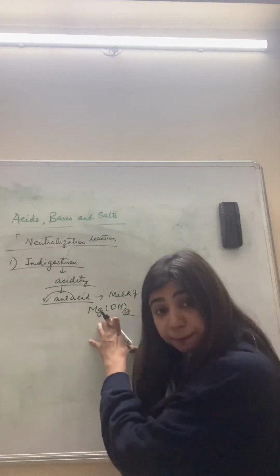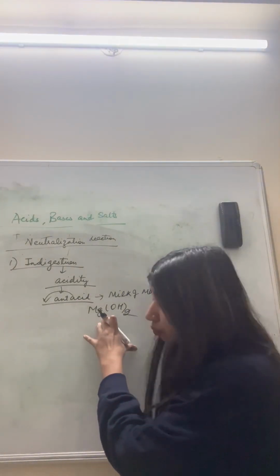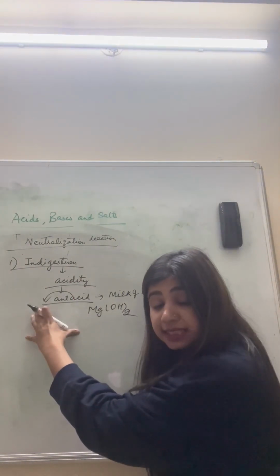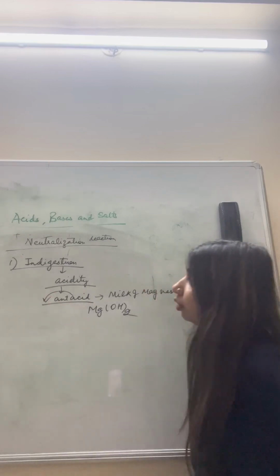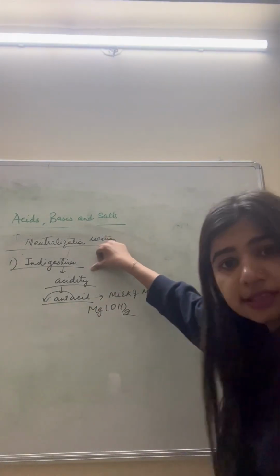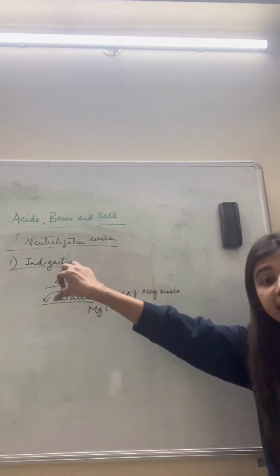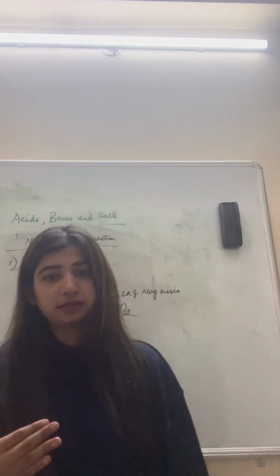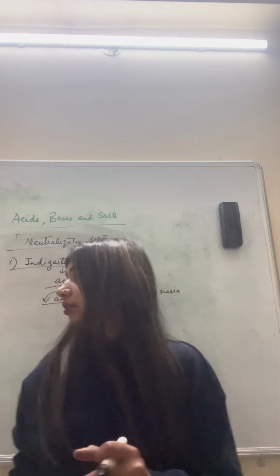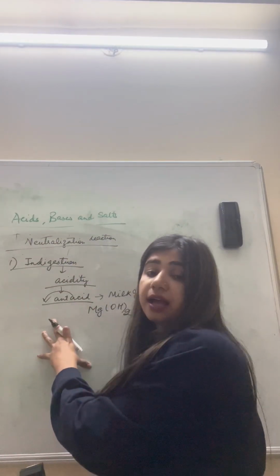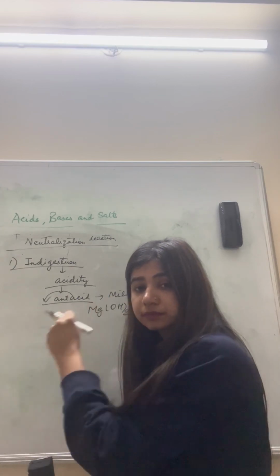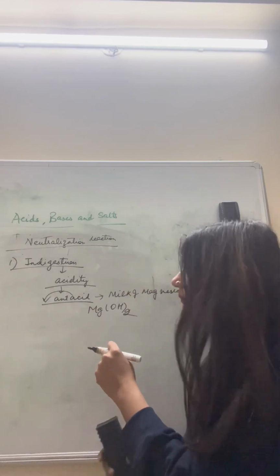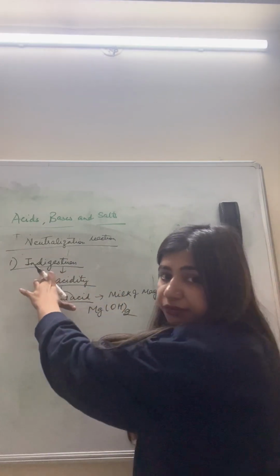We are taking a base to neutralize the effect of excessive acid, that is hydrochloric acid, in our stomach. So to get rid of this acidity, we are taking an antacid, which is a base, so that the effect of excessive acid that is being produced by our stomach is reduced. So first one is indigestion.